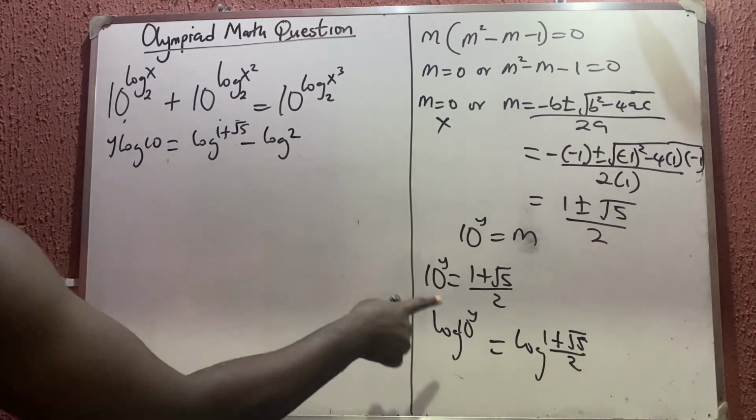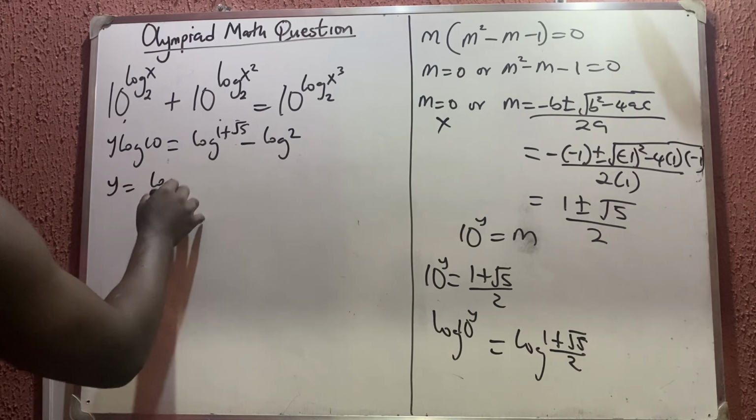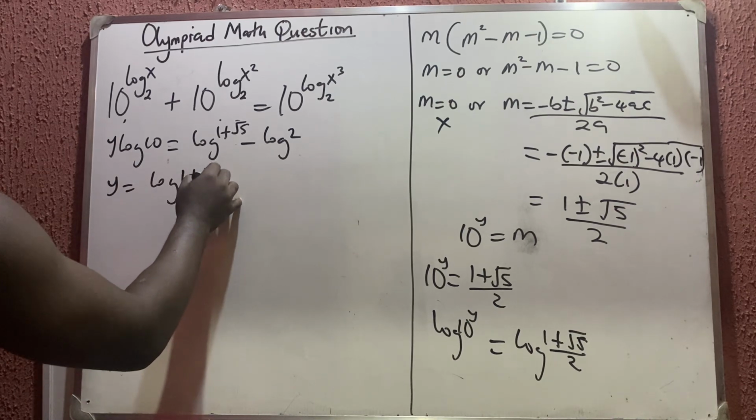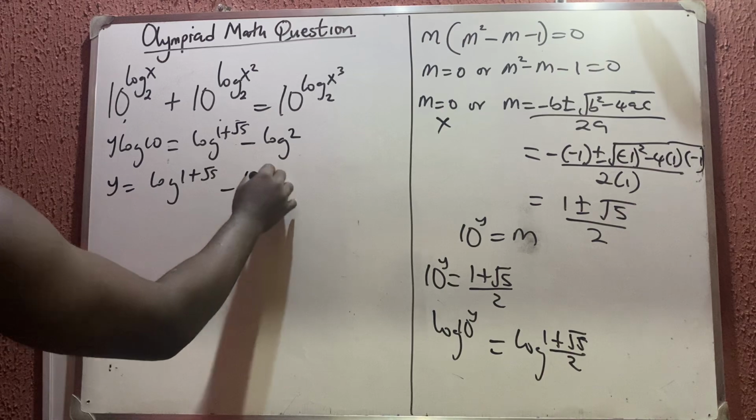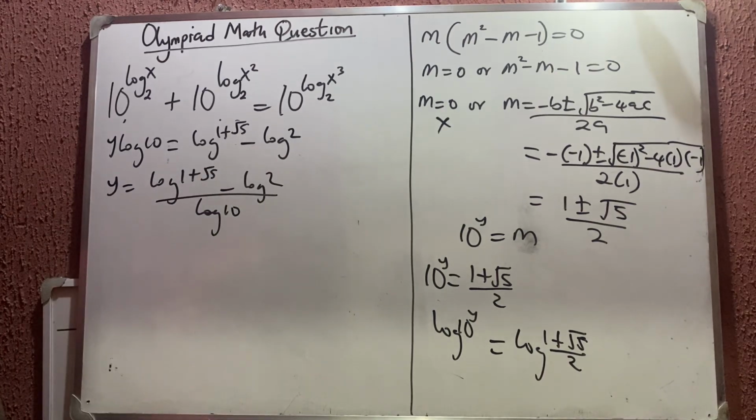Therefore my y is log (1 plus root 5) minus log 2, divided by log 10.